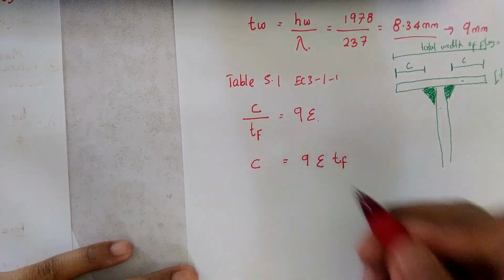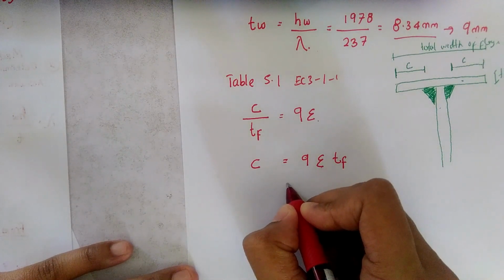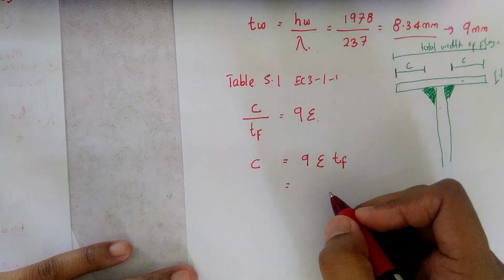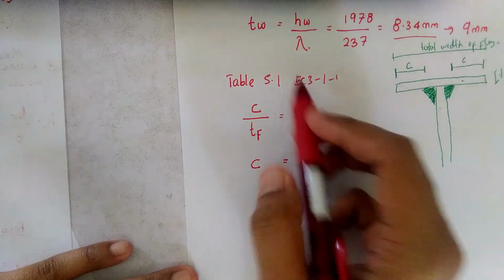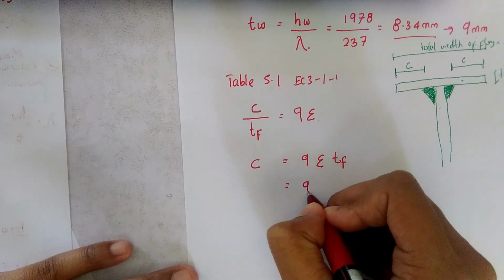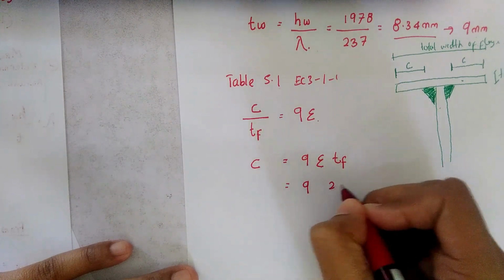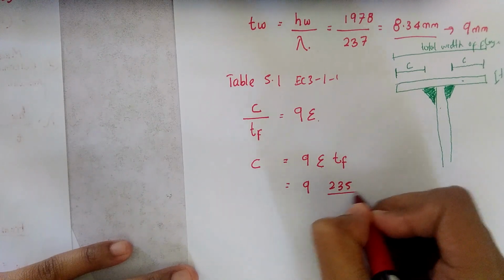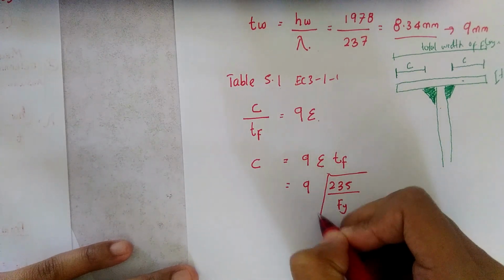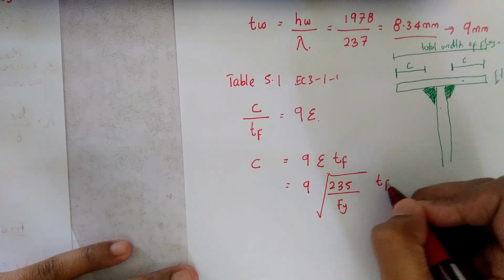So what is your epsilon? Based on the previous lecture in chapter 1, or you can refer to the table on section classification, it is 9 times the square root of 235 over whatever your steel grade is, times the thickness of flange.